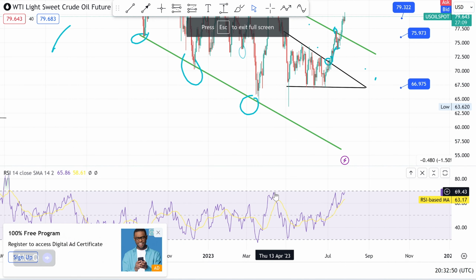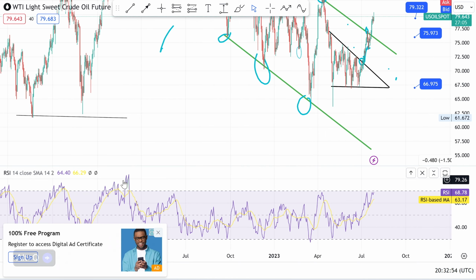You can see all these, the moment it was touching this line, it was reversing back. Here it was overbought. Over here, before touching this one to reverse back, it touched oversold with this point. So that is how you can confirm with the indicator.